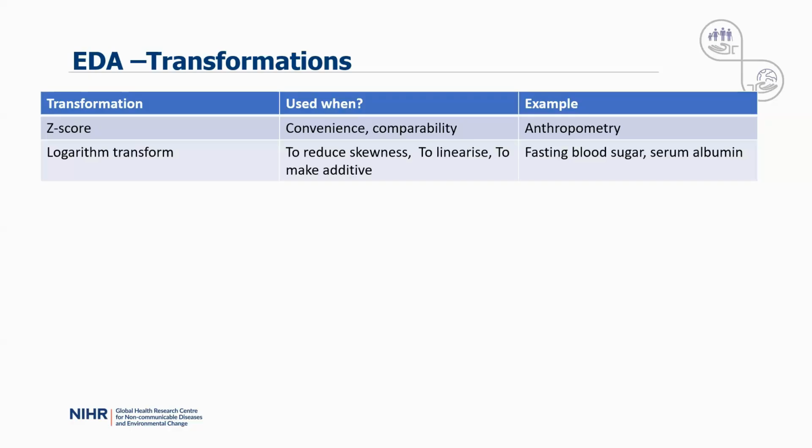Examples in literature, you will find a lot: serum albumin, rather than use the raw values of serum albumin, they are often log transformed. By log transforming, they become fairly normal, and then you can apply linear regression, you can apply t-tests to serum albumin levels. Similarly, fasting blood sugar levels are also known to be fairly non-normal, and by log transformation, they become normal.